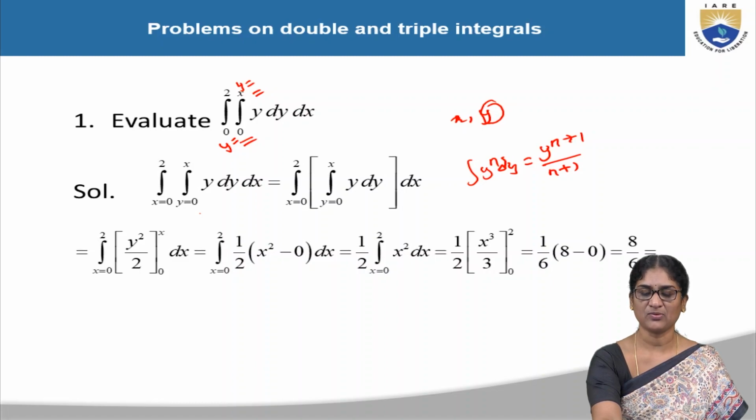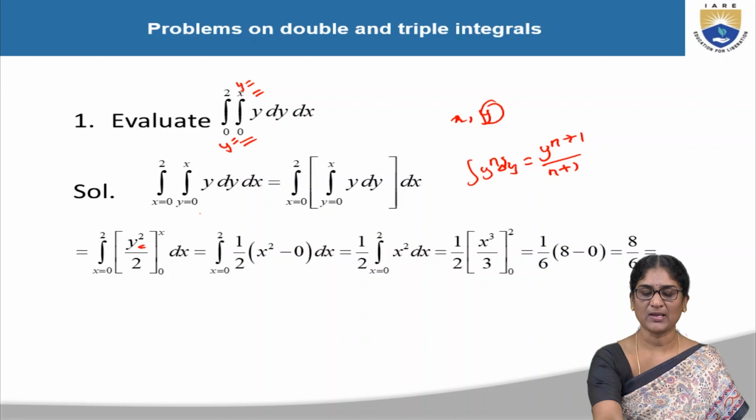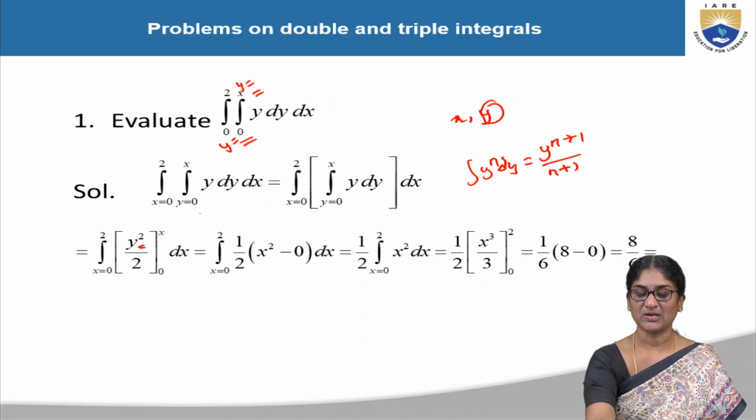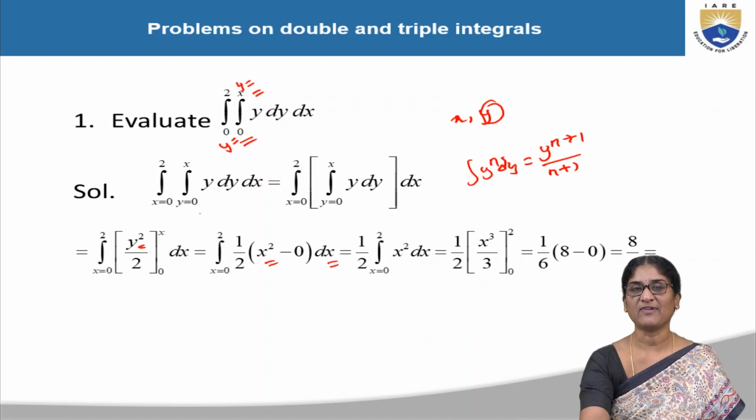In place of y, first we substitute the upper limit, then the lower limit. The upper limit is y equal to x, so it becomes x squared minus 0, divided by 2. So we can take the 1 by 2 outside, and the remaining is only one variable x. The double variable is converted into a single variable.